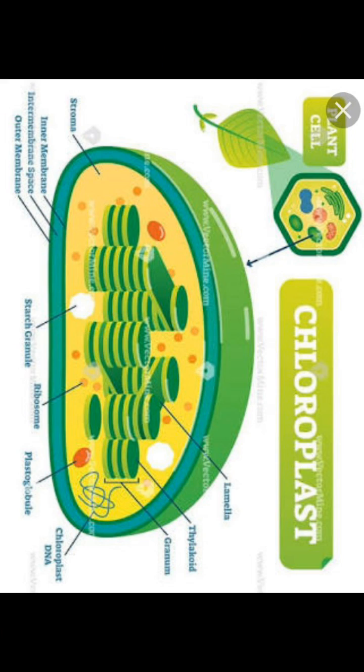Ribosomes are generally small in size. There are 70S type ribosomes. The subunits are 50S and 30S, and they are smaller than the cytoplasmic ribosomes. See, this chloroplast is present in the cytoplasm of the mesophyll cell, right? So in the cytoplasm also ribosomes are present.